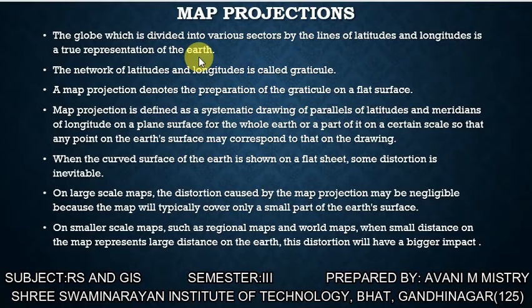Map projection is defined as a systematic drawing of the parallels of latitude and meridians of longitude on a plane surface for the whole Earth or part of it on a certain scale, so that any point on the Earth's surface may correspond to that on the map.